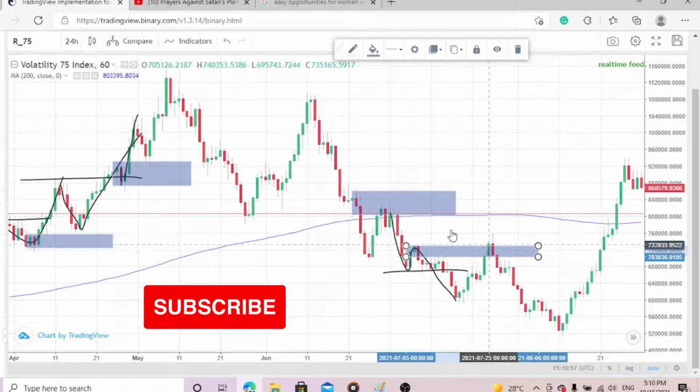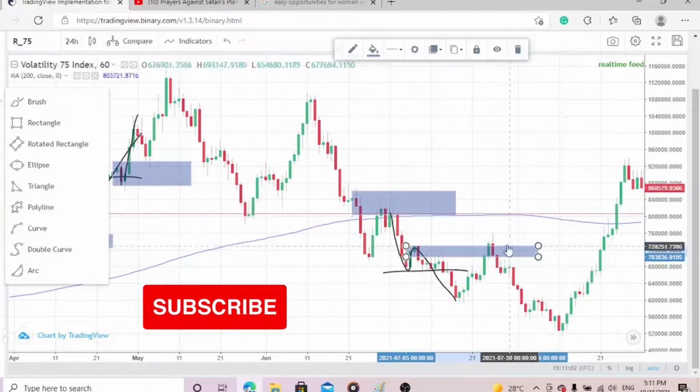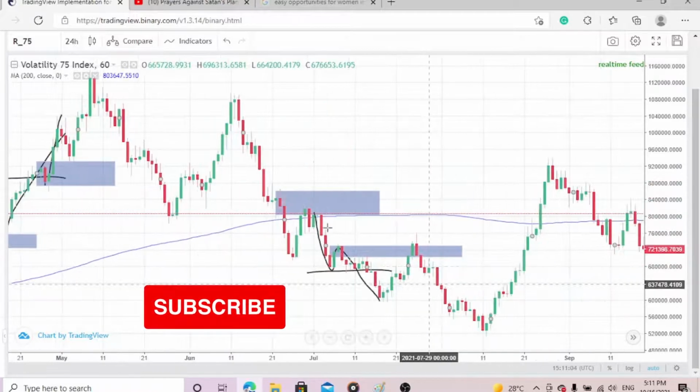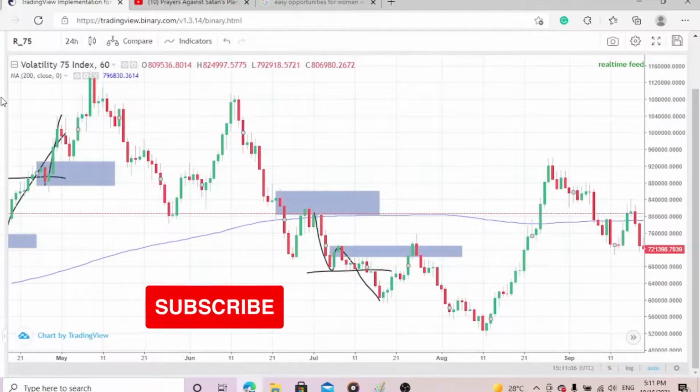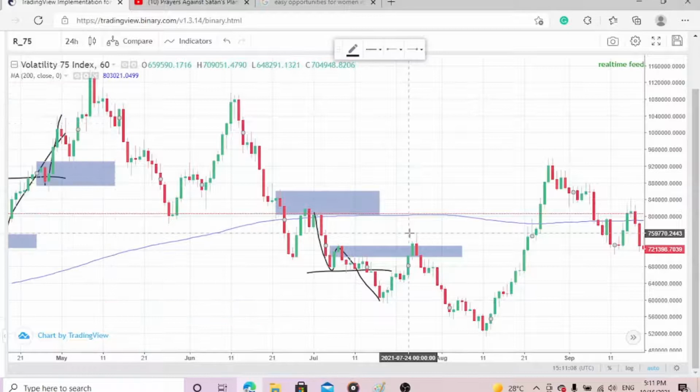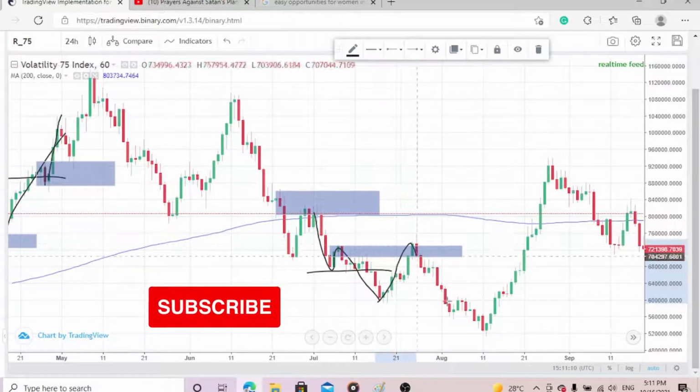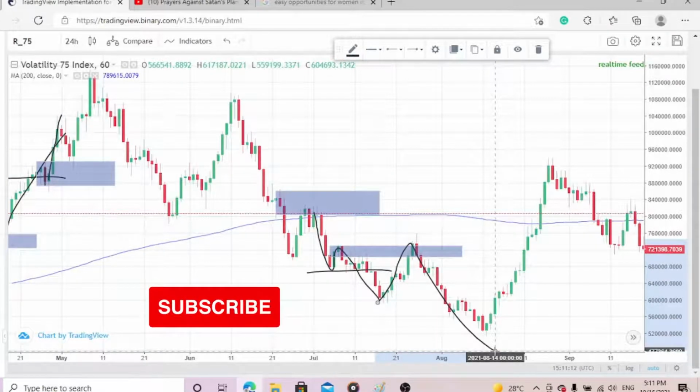The market came back here and pushed to the downside. Came back and pushed to the downside. So that's all the market is doing, guys.